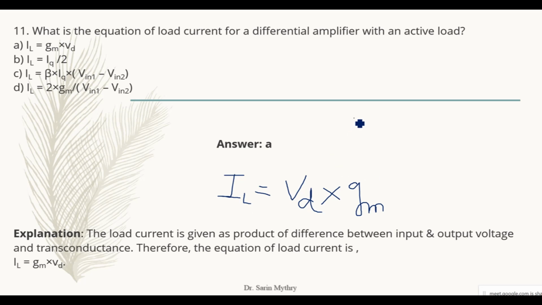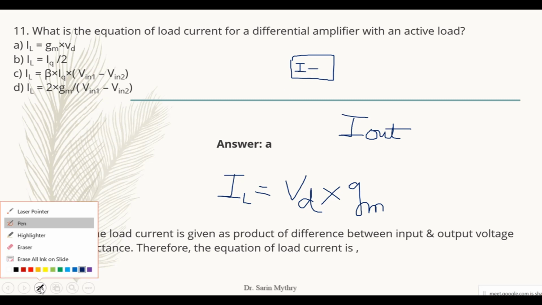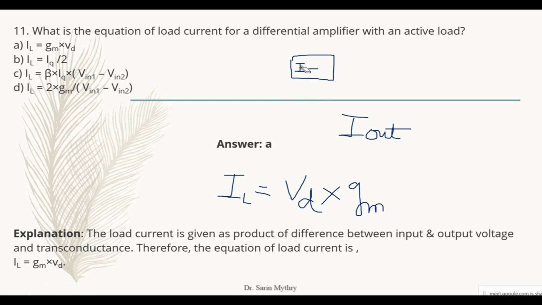Whenever you are having a circuit here, it should be V to I, not I to V. Because your input is a voltage and the output will be current. So it is a voltage to current converter.